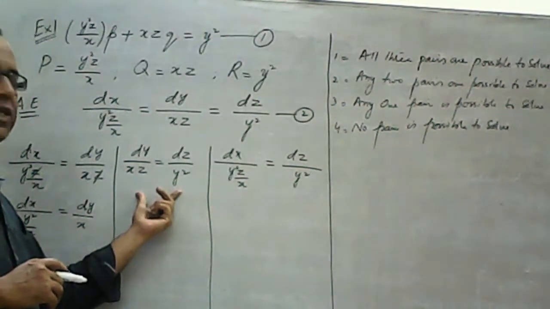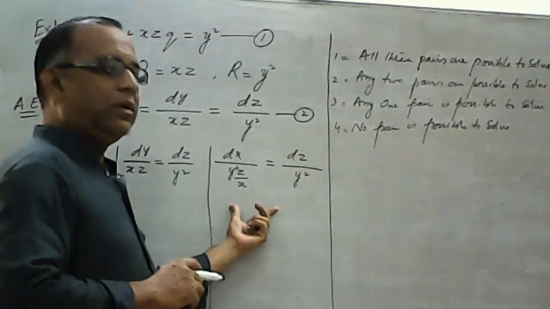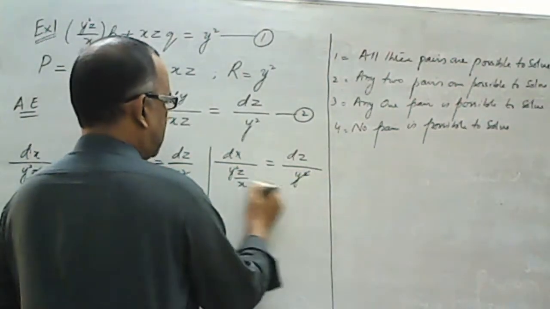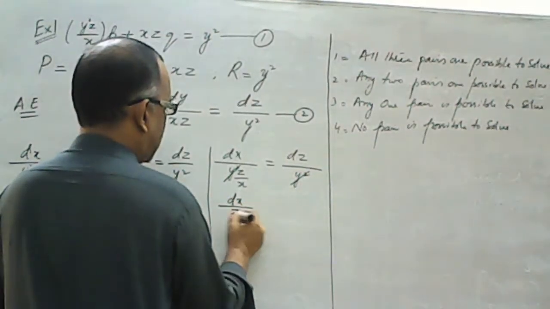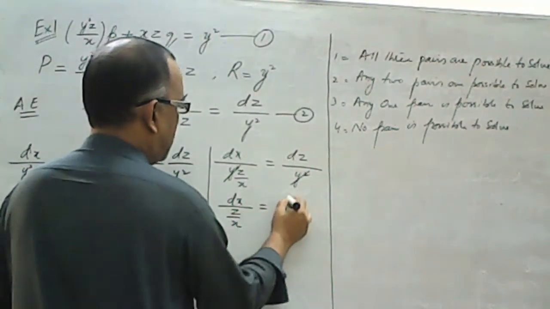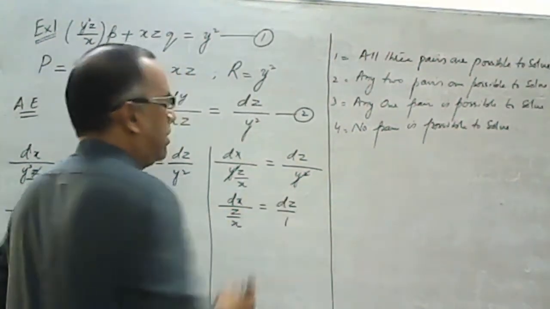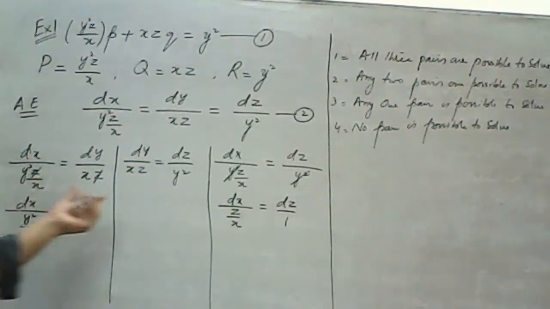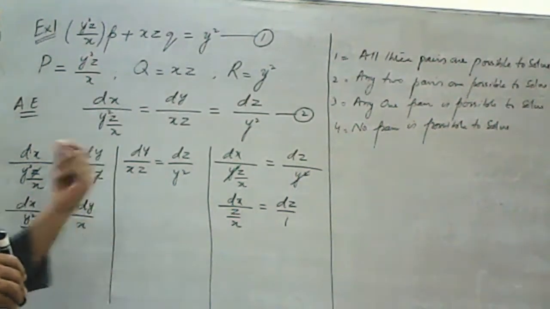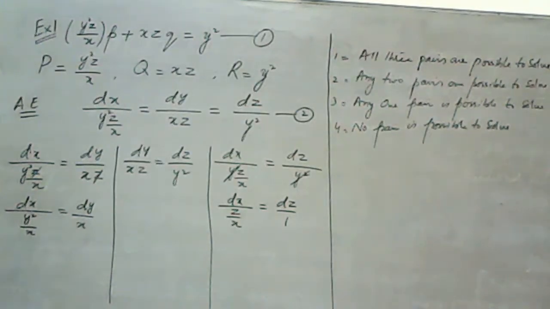Here, I can cancel y square by y square, so dx upon z over x is equal to dz over 1. So the first priority is to simplify if simplification is possible. If it is not possible, there is no need to go further.